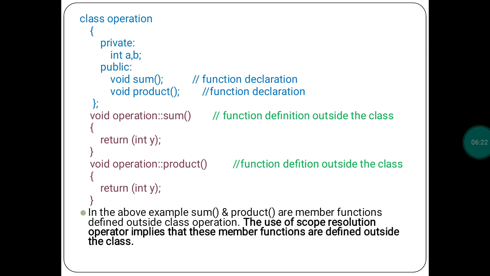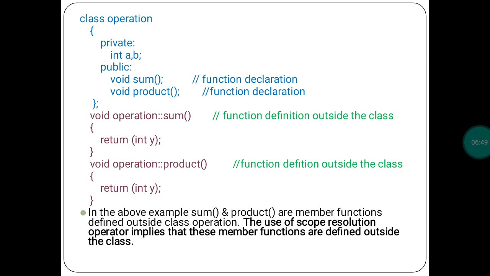Scope resolution operator is used to define the members outside the class. That tells that the particular sum function belongs to operation class. So this function is one of the member functions of the operation class.